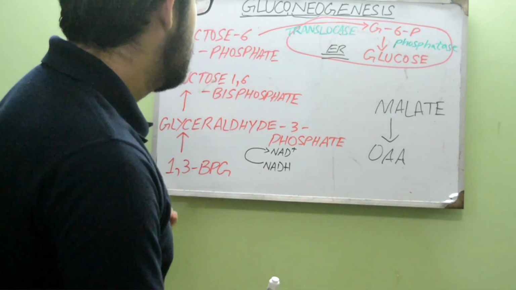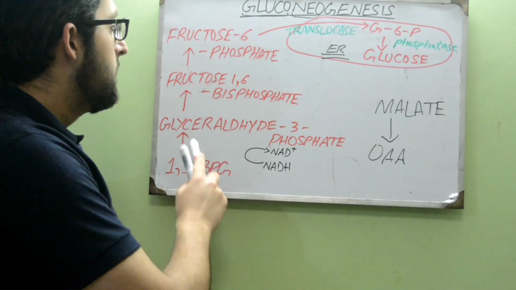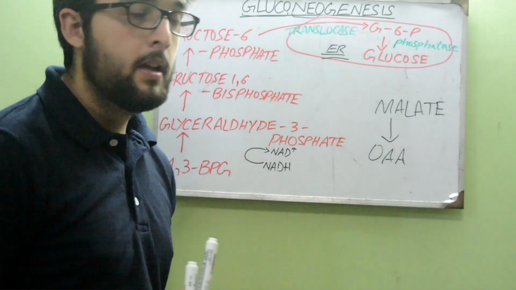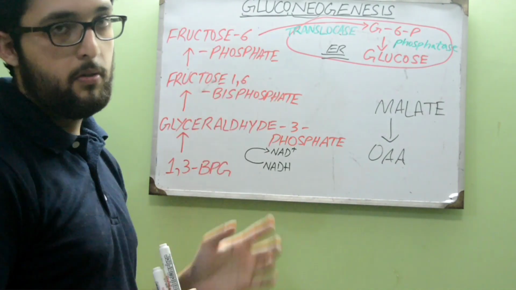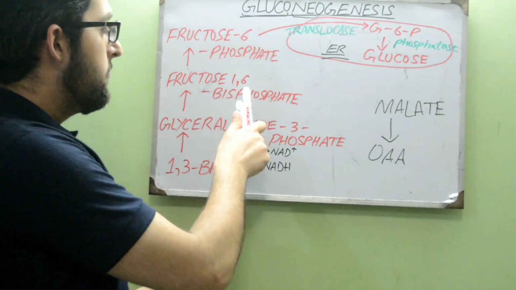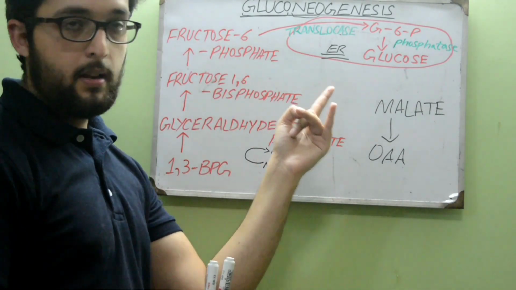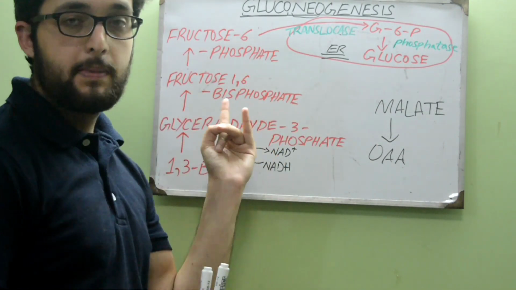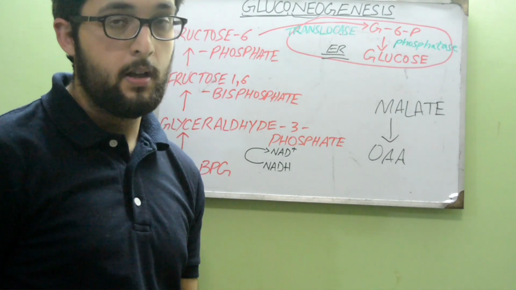And then all the steps occurred in the reverse order, right? In the reverse order using the same enzymes until they reach fructose 6-phosphate, fructose 1,6-bisphosphate, right? Once they reach fructose 1,6-bisphosphate, if you remember, fructose 6-phosphate converted to fructose 1,6-bisphosphate by the enzyme phosphofructokinase 1.